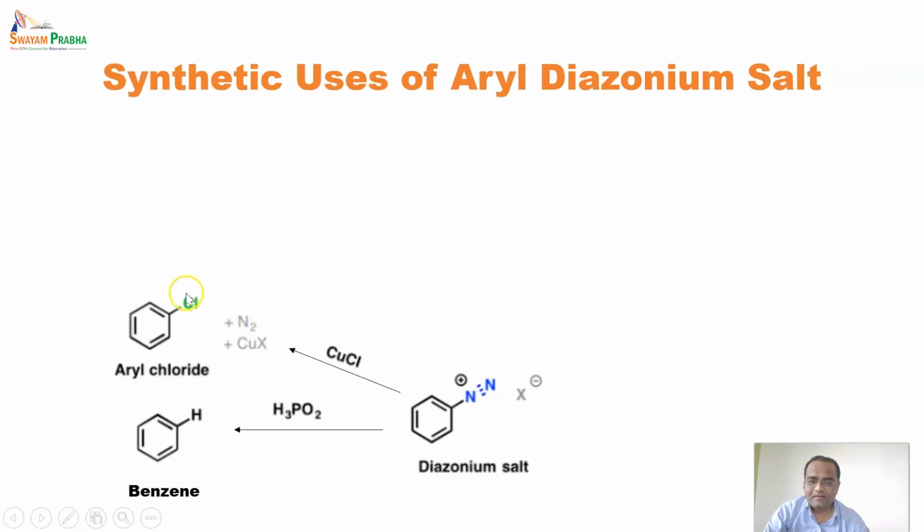So here you can see the chlorine has replaced it, forming nitrogen and copper chloride or copper halide.